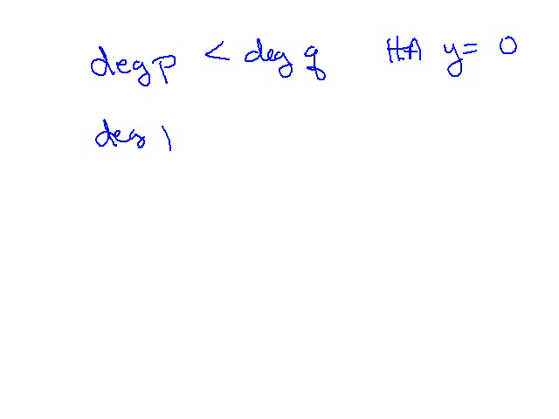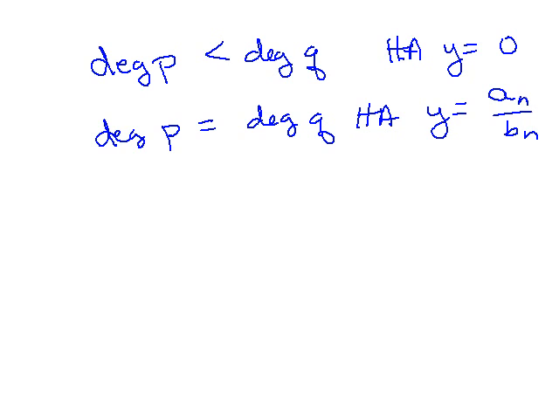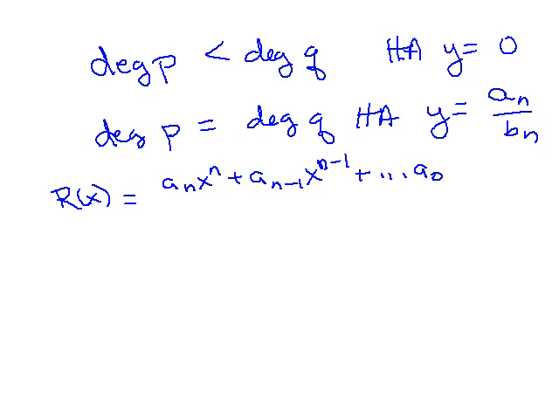If the degree of p is equal to the degree of q, then the horizontal asymptote is y equals a_n over b_n, because I will write the rational function like this. I'm writing out the polynomials. So I have a_n x to the n in the numerator, a_(n-1) x to the n minus 1, just in the general form, counting down to a_0.